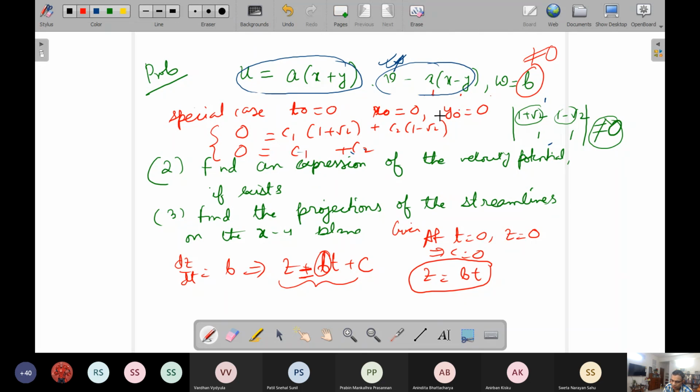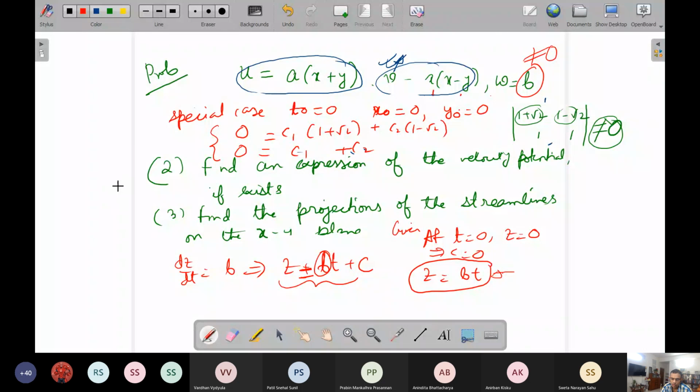So the first subpart considered the phenomenon in the xy plane, and the second subpart which we have just considered is along the z-axis.